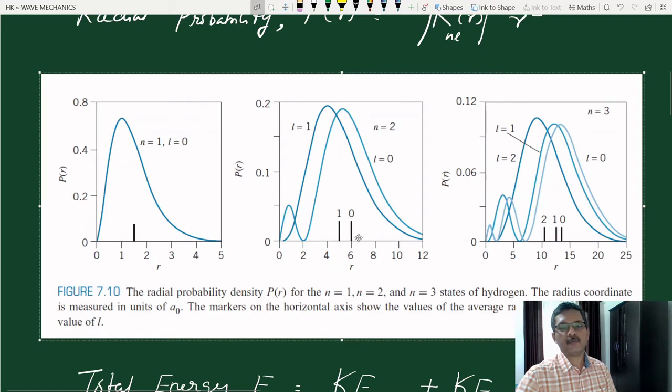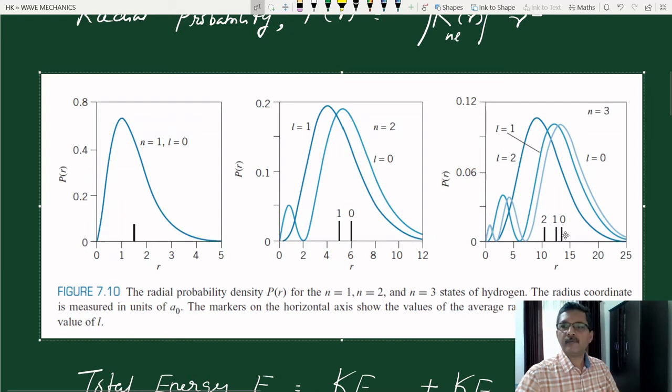So roughly we can say some 5.5a0 is the average radial distance for the n equal to 2 state, whereas this is 1.5a0. So the average radial distance in n equal to 2 state, if you consider the two angular momentum states together, these two values are nearly 4 times higher than the value here.